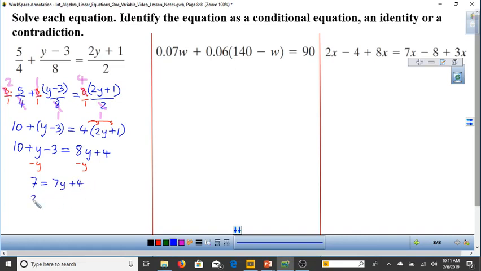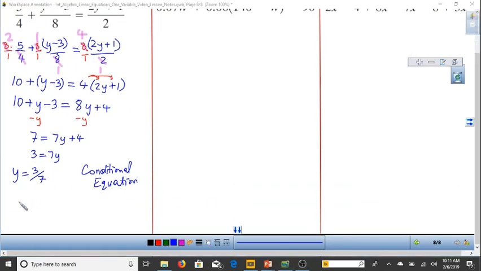So that means 3 is equal to 7y, so y is equal to 3 over 7. That's a conditional statement because this statement is only true when y is equal to 3 over 7. We only have a limited number of solutions.